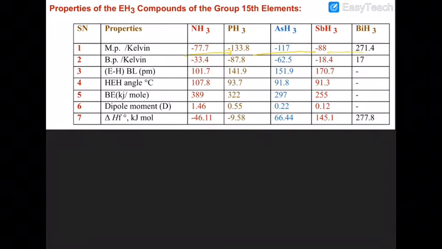Now the boiling point in the first case is slightly large due to hydrogen bonding. I already told you that in the case of ammonia there is a presence of hydrogen bonding.